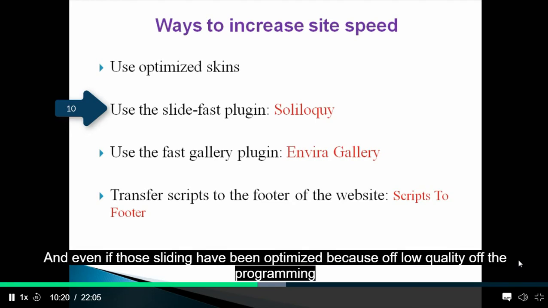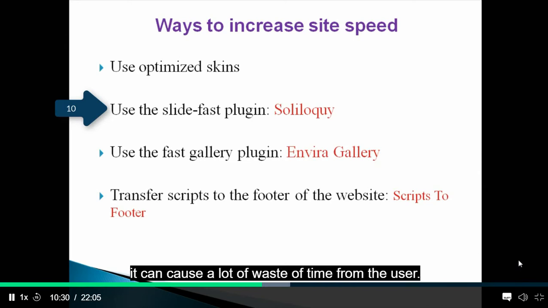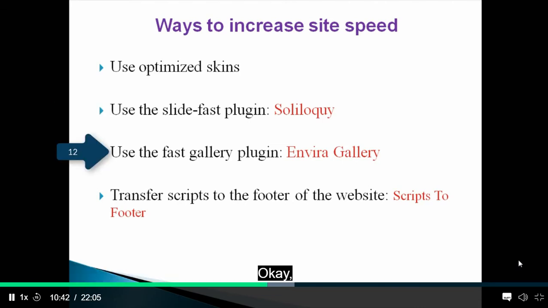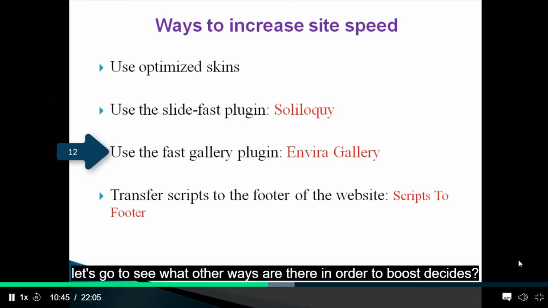And even if those sliders have been optimized, because of low quality of the programming and coding, they can cause a lot of waste of time for the user. What we suggest is to use Soliloquy as the plugin in WordPress. Okay, let's see what other ways there are in order to boost the site speed.